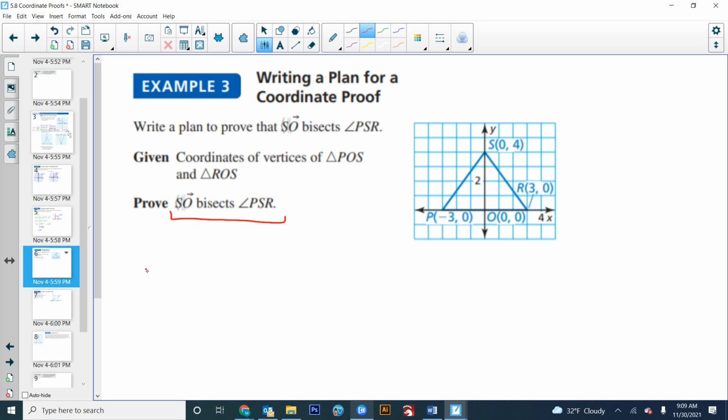Why is PO congruent to RO? Well, how long are both of those segments? 3, right? That's from the picture. Those are congruent.